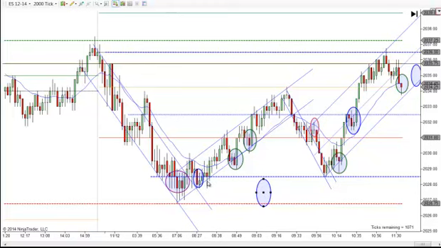Then it pulls back again and tests, and now you get a double test of this level, and it turns up. It's also a second entry long, counting off the high: pull back first entry, pull back second entry. So you can see all that strong support across there. A couple times it tried to act as resistance, but it just couldn't. Until it acts as resistance and it holds, prices are probably not going lower.